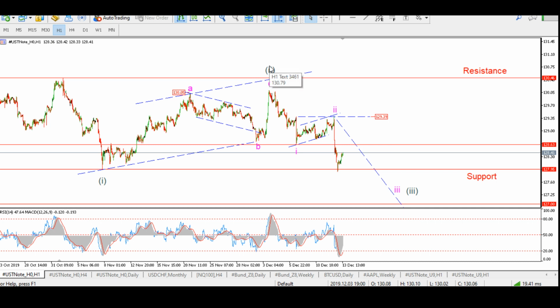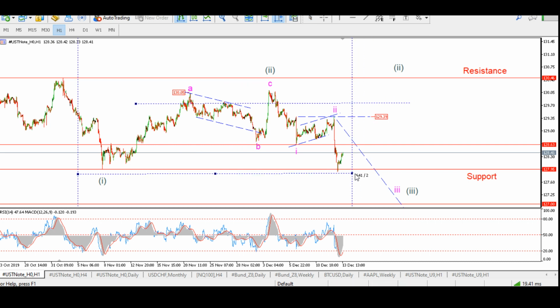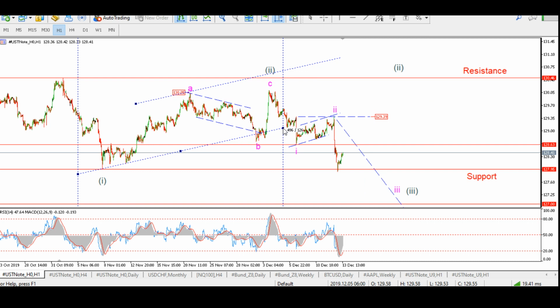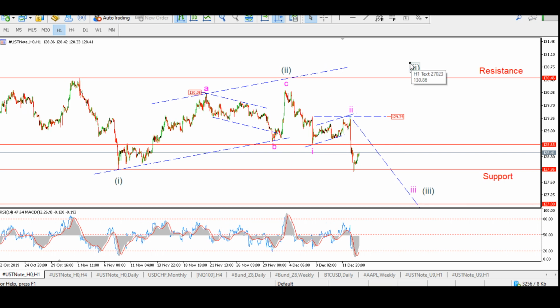The only other interpretation on this front would be if this second wave was actually extending as maybe an expanded flat. For the moment, we may as well keep it there. But you could be talking about an ABC, and then 1, 2, 3, 4, 5 to complete an expanded flat correction in wave 2. So we'll keep that in mind for next week.